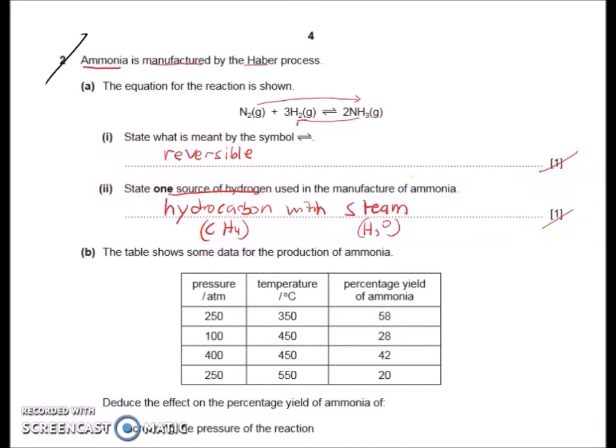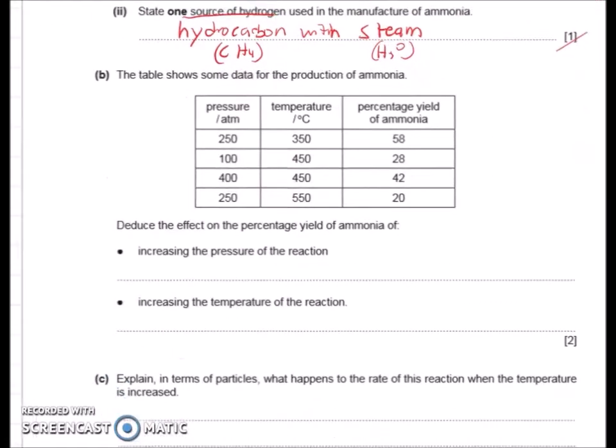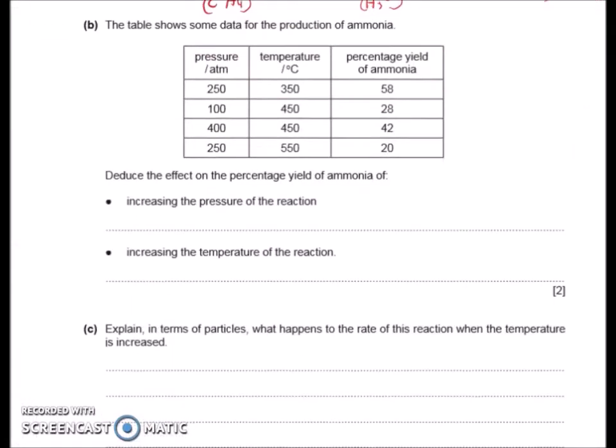Okay, now we scroll down for question number B. Okay, B, the table shows some data for the production of ammonia. Deduce the effect on the percentage yield of ammonia of increasing the pressure. Now let us observe the pressure here.